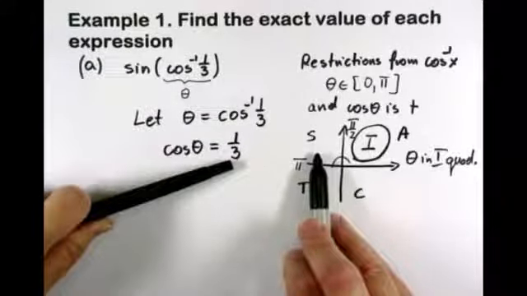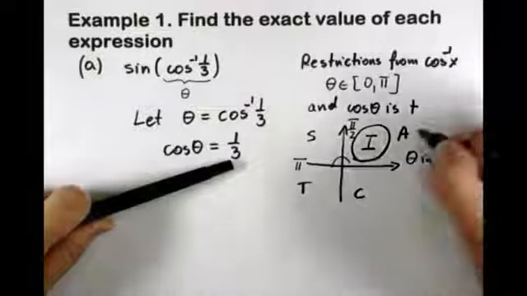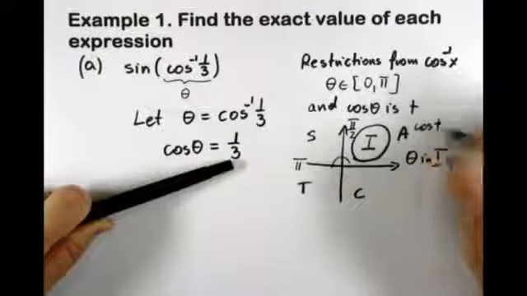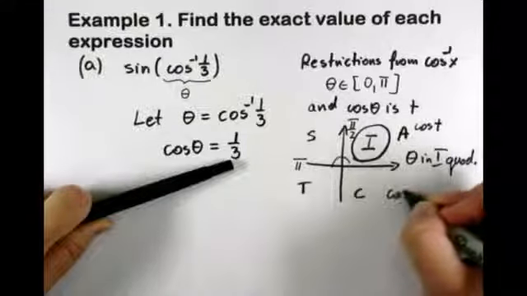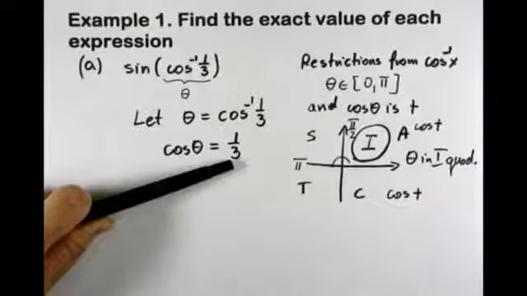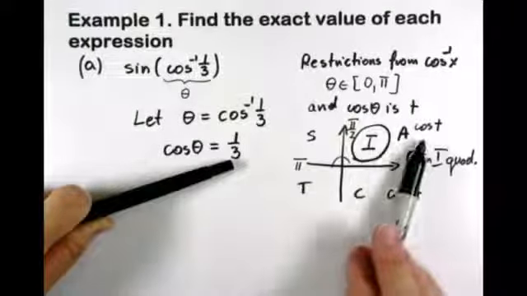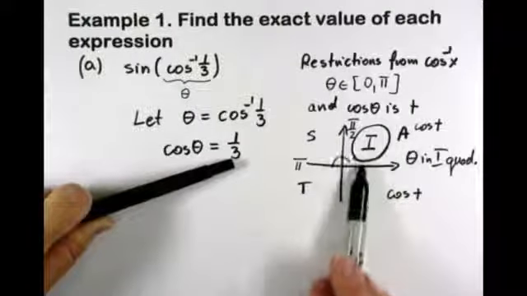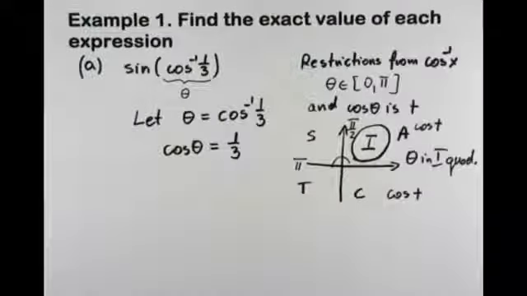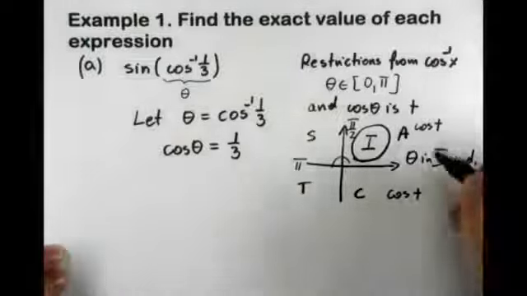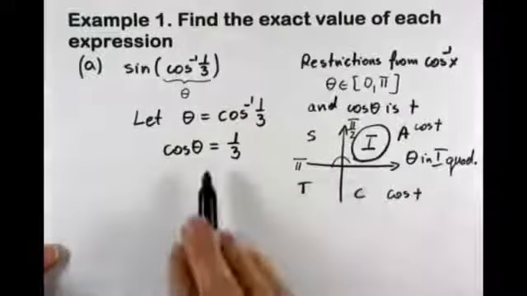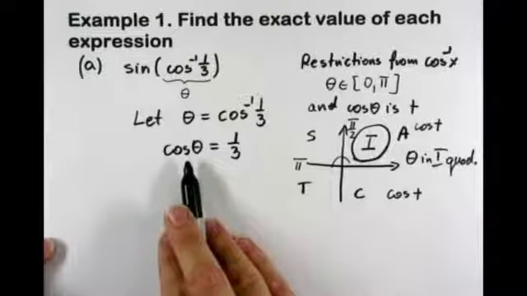That means cos is positive in the first one, and cos is positive in the fourth quadrant. So both restrictions, from 0 to pi and cos positive, give me the first quadrant. Once we identify the quadrant where my theta is, then we can find the value.